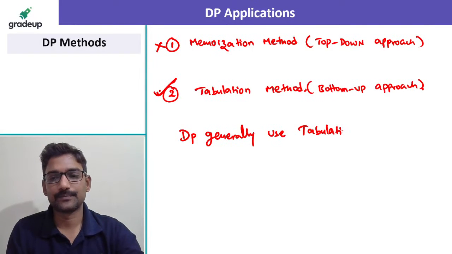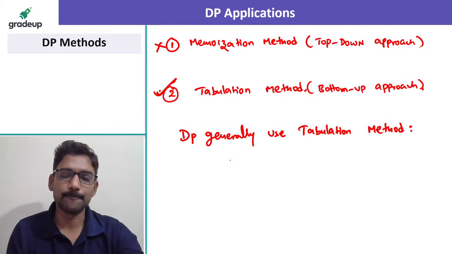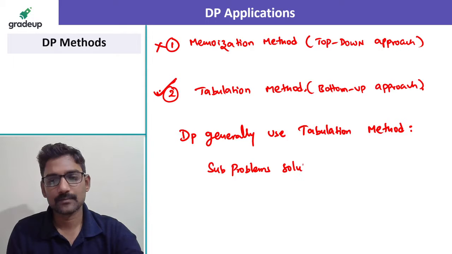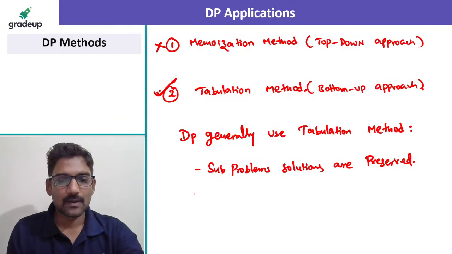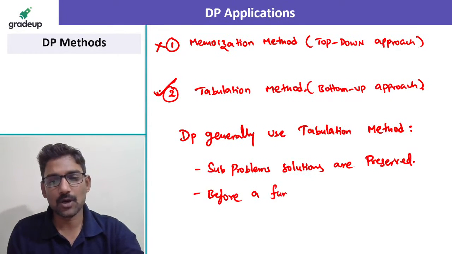the tabulation approach. What is the basic backbone principle of the tabulation method? Here, the subproblem solutions are preserved, meaning stored, saved.